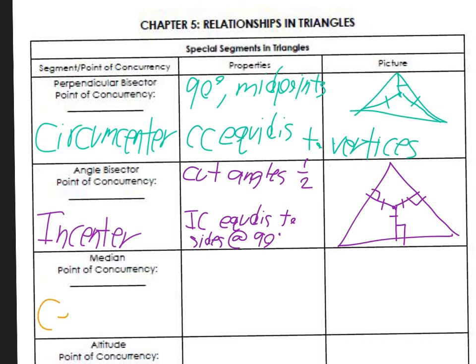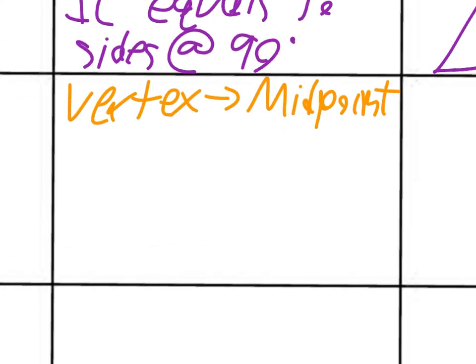Medians. Medians have the centroid for concurrency. Medians go from vertices to midpoints. So they also create congruent segments. And they also have the 4 equations that are oh so important.